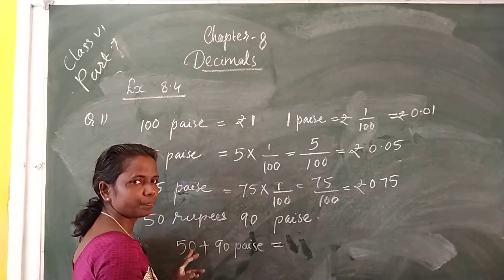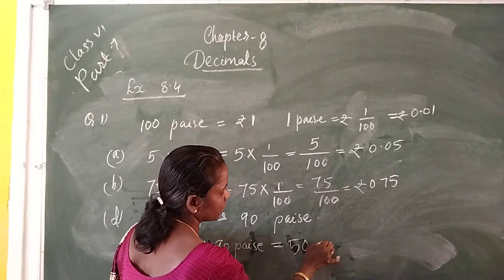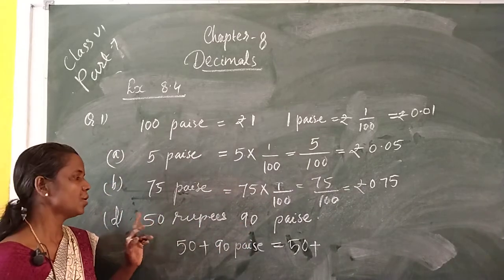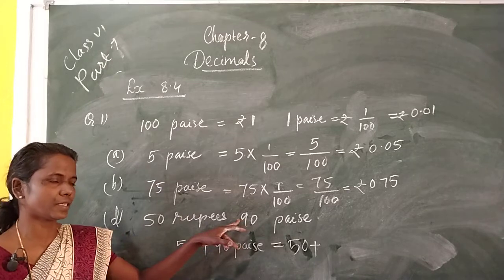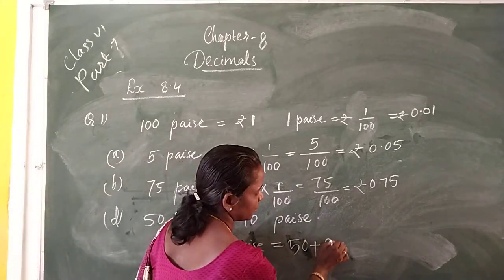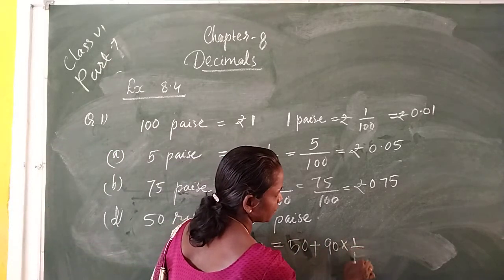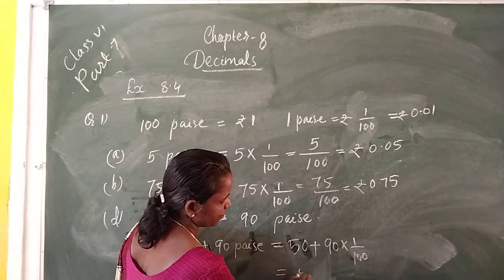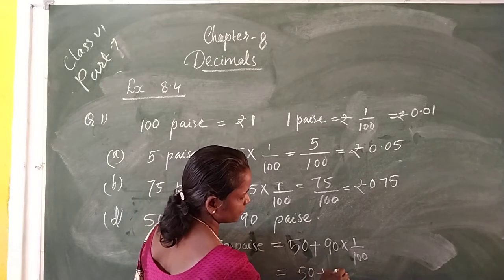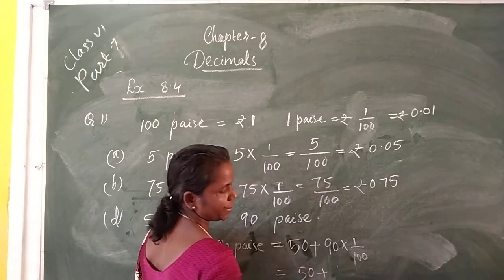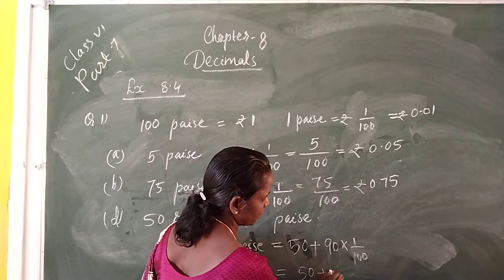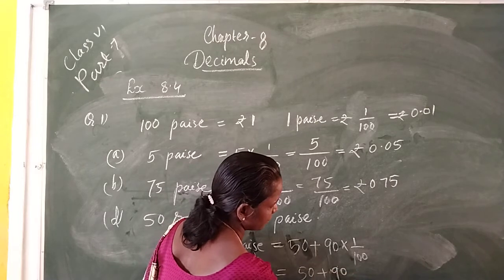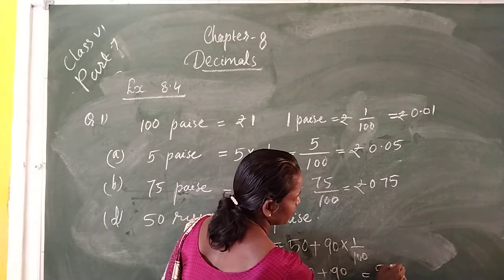This is already rupees, 50 rupees. So 50 plus this 90 paisa. 90 paisa means 90 into 1 by 100. Then it is equal to 50 plus 90 by 100.